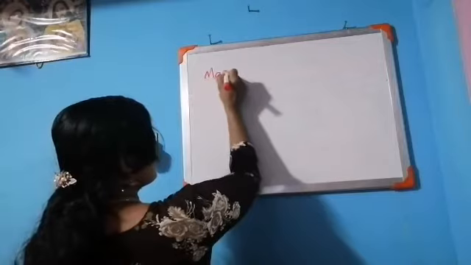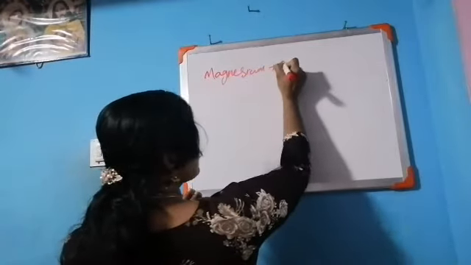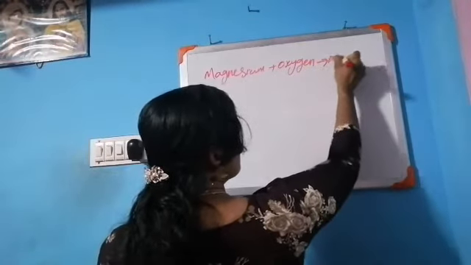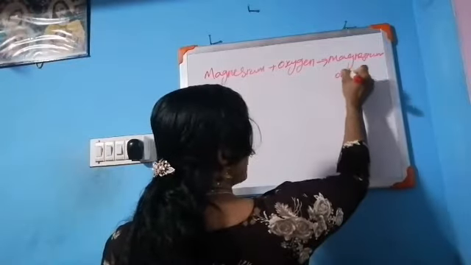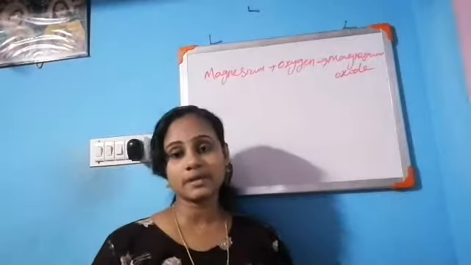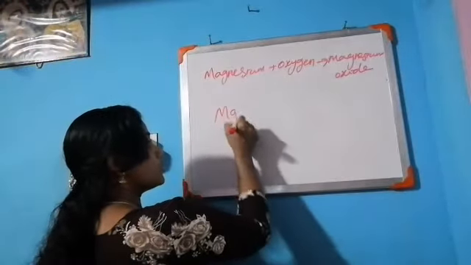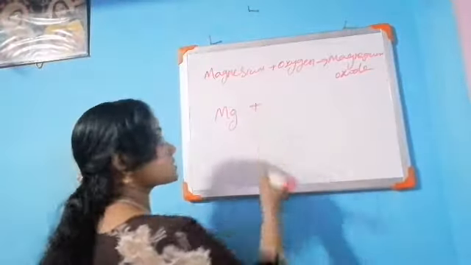Magnesium reacts with oxygen to form magnesium oxide. Magnesium is a monoatomic molecule, so Mg. It reacts with oxygen.